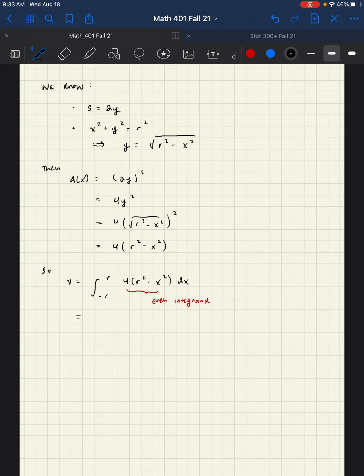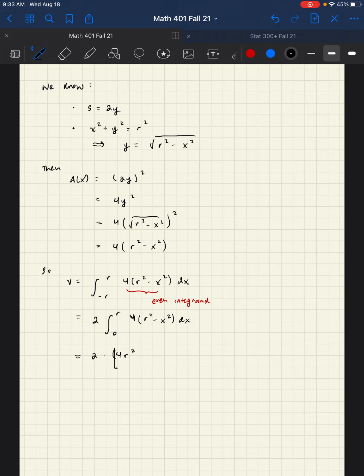That means you can use the even integrand rule for integrals, and just perform the calculation 2 times the integral from 0 to r of that integrand, 4(r squared minus x squared) dx, which is what I was alluding to earlier, that you can exploit the symmetry of the solid to make this an easier calculation on you.